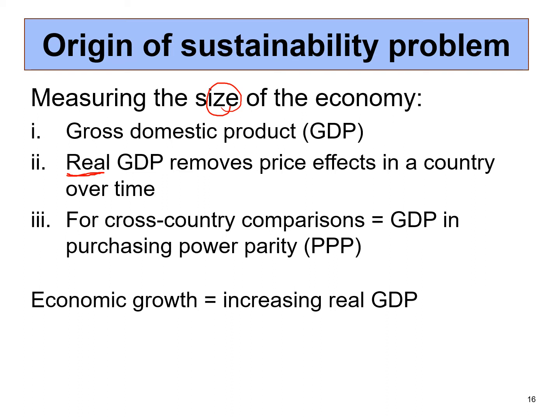But if we want to do a cross-country comparison, we should use GDP in purchasing power parity. For economic growth, if we want to measure whether our economy is achieving growth at a certain rate, we will refer to our GDP. So we can say that an increase in the real GDP is translated into economic growth.